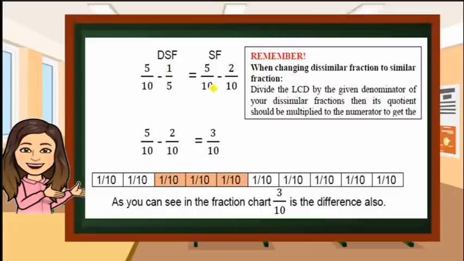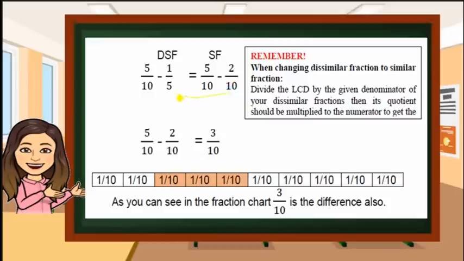So just copy it if they have the same denominator. However, because 1/5 here has a different denominator than our LCD, you now have to divide.